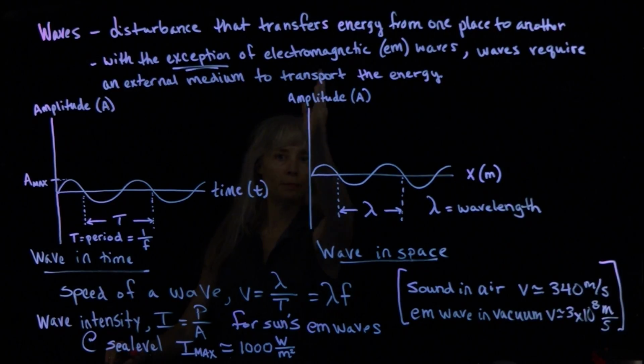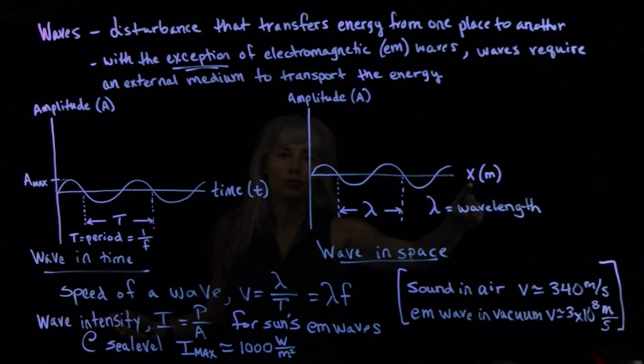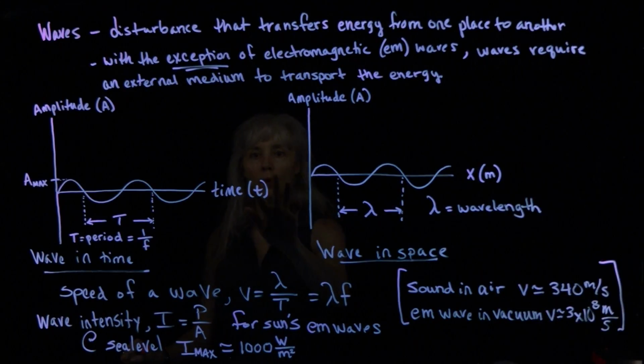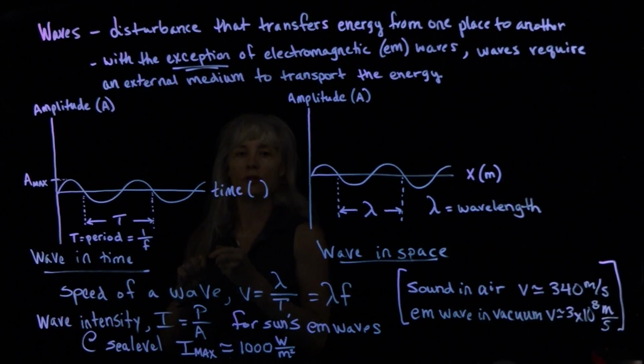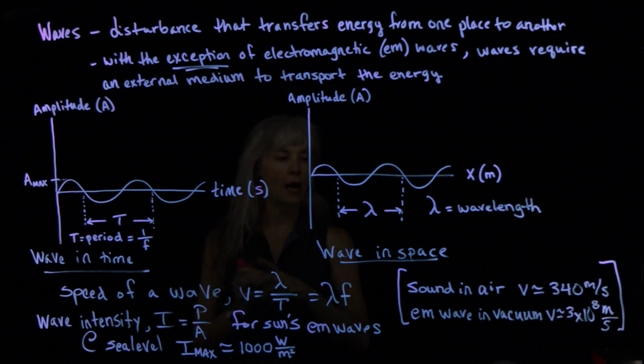So I've got the amplitude on the vertical, but on the horizontal instead, I have a spatial coordinate, x in this case. I could have chosen y or any other symbol, but x, and of course units of meters. So I should change these units. This is units of seconds. So we've got a wave in time and a wave in space.